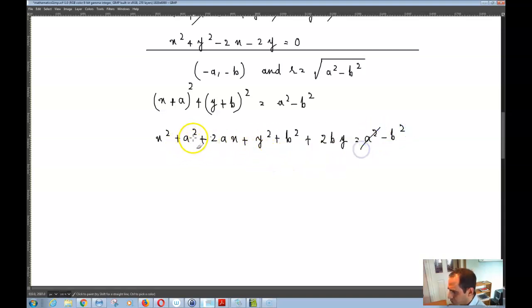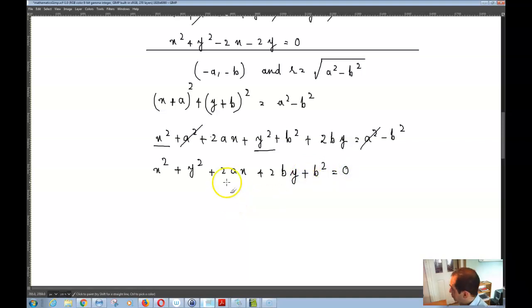Now a squared and a squared you can cancel out. Take this to the other side, and you will get x squared plus y squared. So these two I have taken care of. Now I have plus 2 times ax plus 2 times by plus b squared is equal to 0, which is the equation of the line.